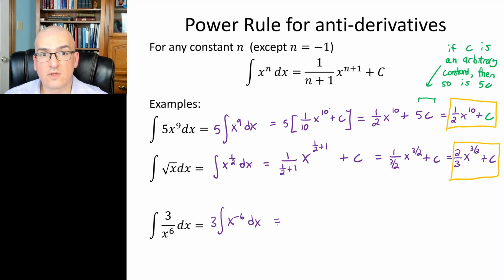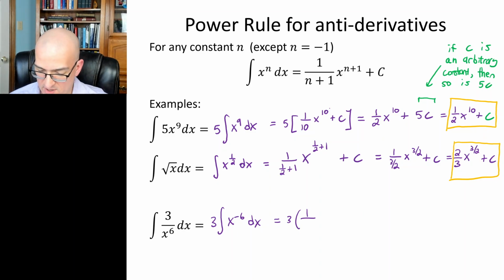Right now, I'm not going to try to do this by brute force. I'm just going to use a formula. It's 3 multiplied by 1 over the old power, negative 6, plus 1, times x to the negative 6 plus 1, plus c.